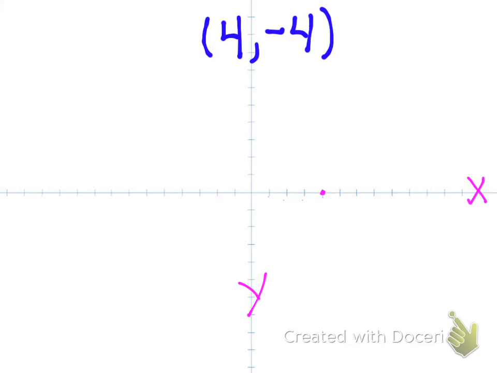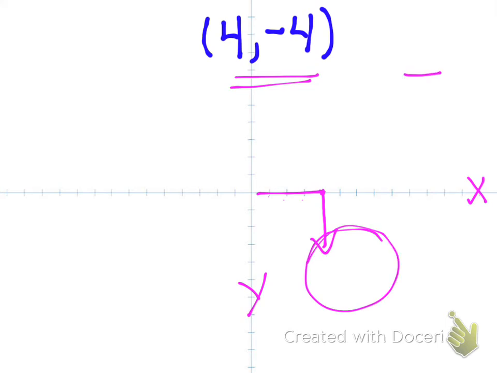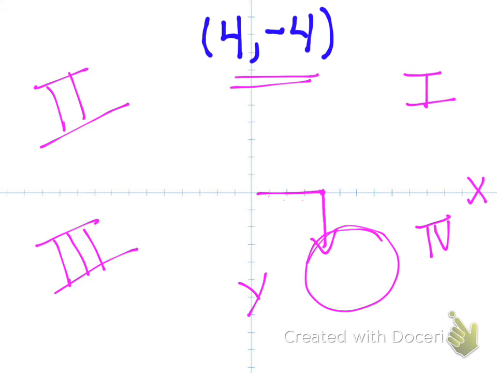Now we're not practicing drawing these ordered pairs today. What we're trying to figure out is what quadrant this ordered pair would be in. If we're walking to the right, that's our positive motion, and then going down because of the negative, I'm going to be somewhere in this quadrant here. So if you think about the quadrants, remember, it goes quadrant 1, quadrant 2, quadrant 3, and quadrant 4. So the answer for this one would be this point is located in quadrant 4.